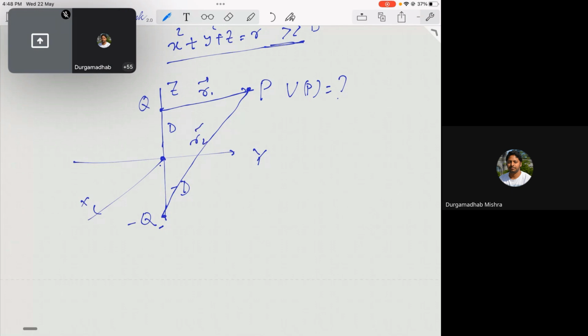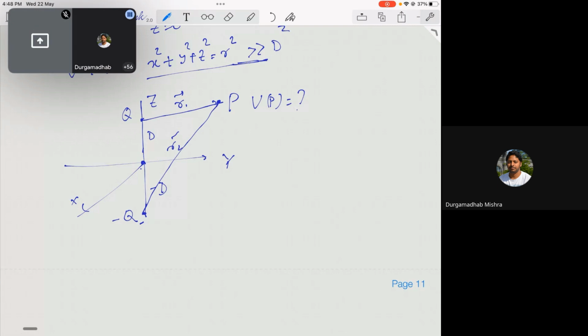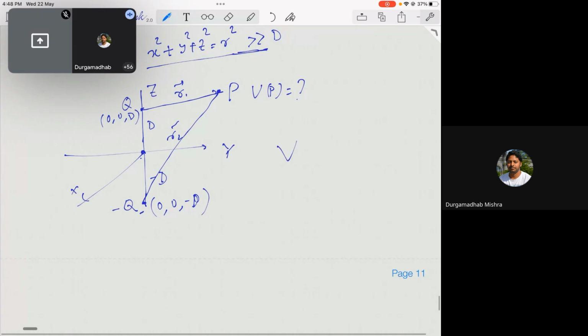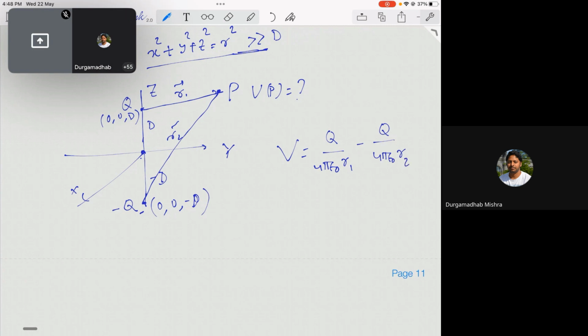The coordinate of q is 0, 0, d, and minus q has coordinate 0, 0, minus d. So the potential due to the charge distribution will simply be q by 4 pi epsilon naught R1 minus q by 4 pi epsilon naught R2. The charges are the same but opposite.